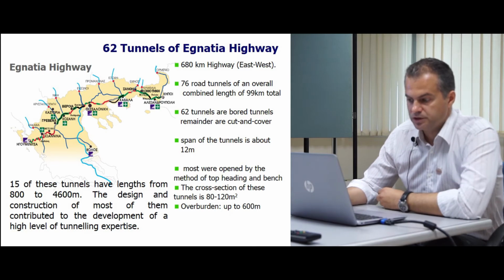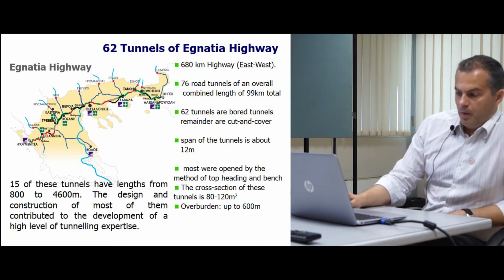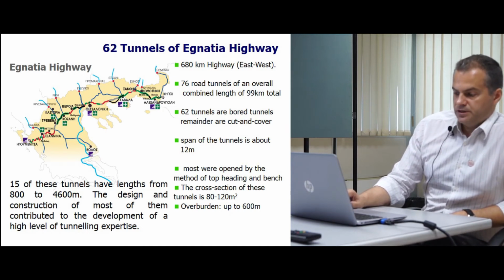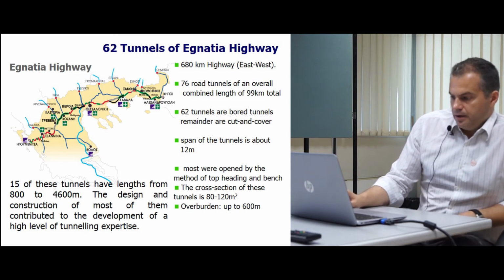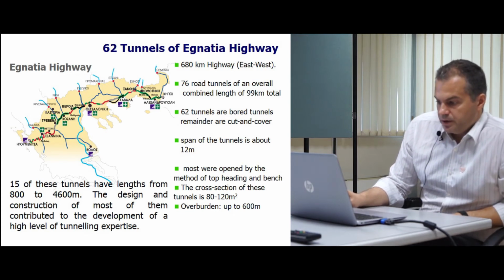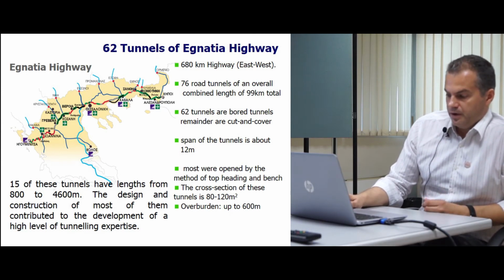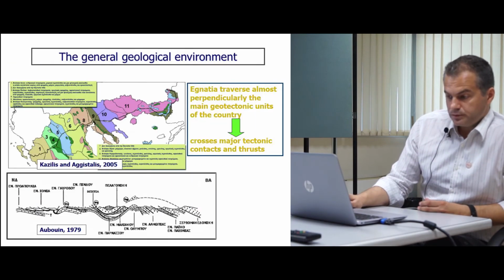They were constructed with a conventional method, opened by top heading and bench. The cross-section of these tunnels is about 80 to 120 square meters, and the overburden is up to 600 meters. So this is the experience that this chart was based on.